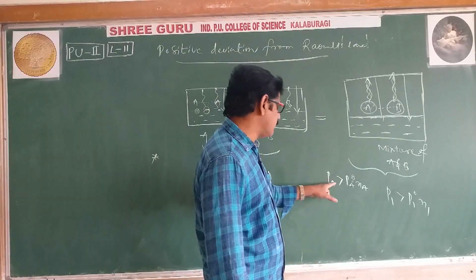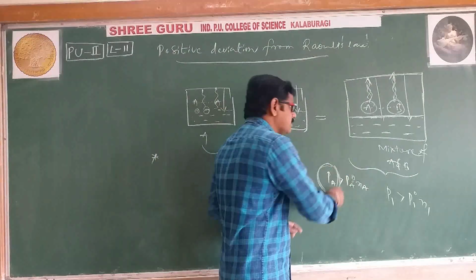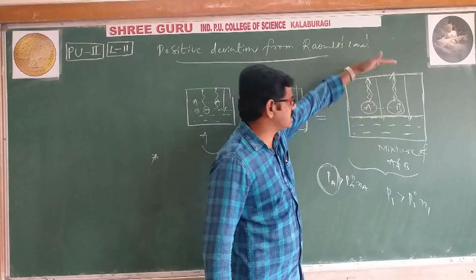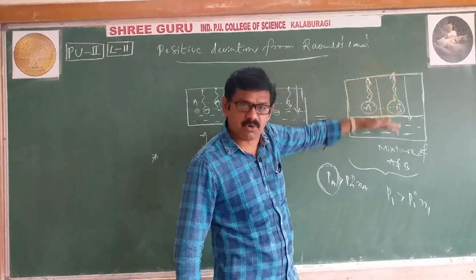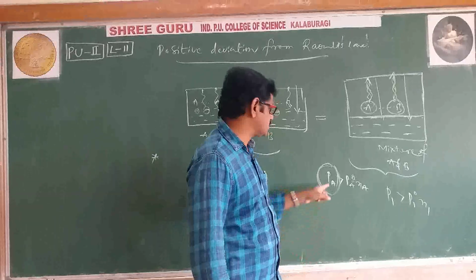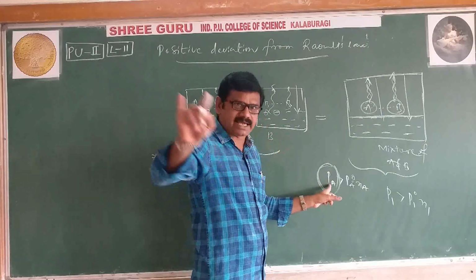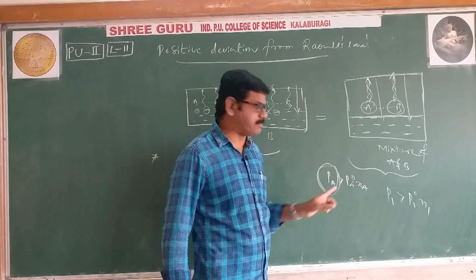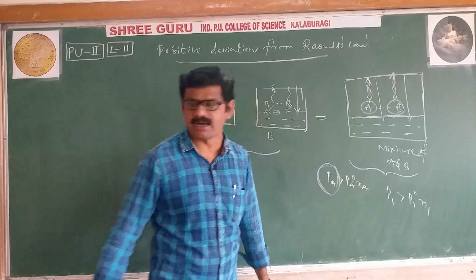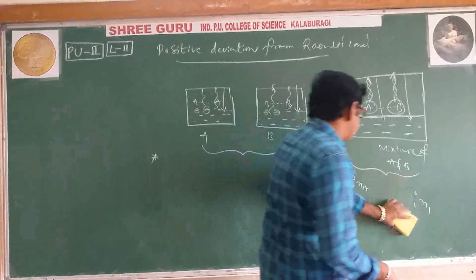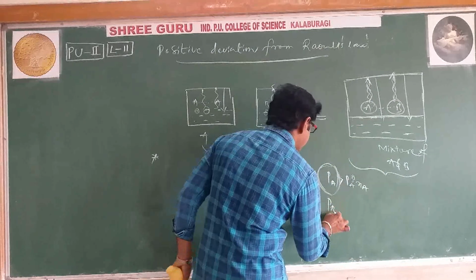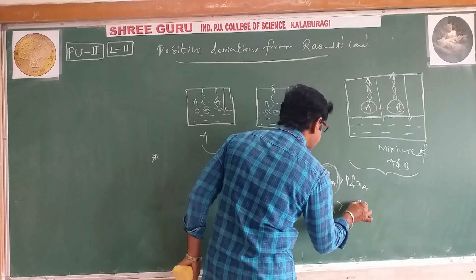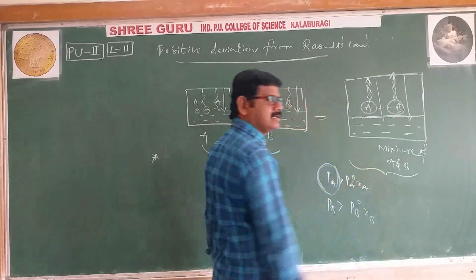Here, what happened? Because of weak attraction forces, vapor pressure is more. That's why PA is not equal to PA naught XA. PA is greater than PA naught XA, as well as PB greater than PB naught XB.